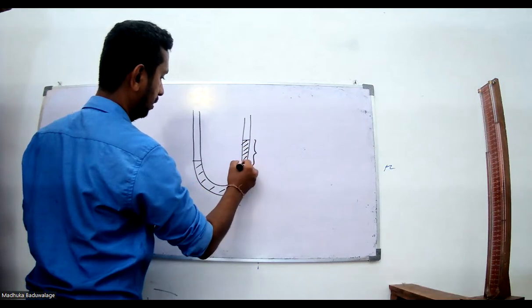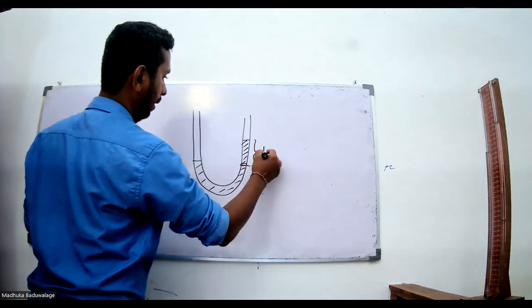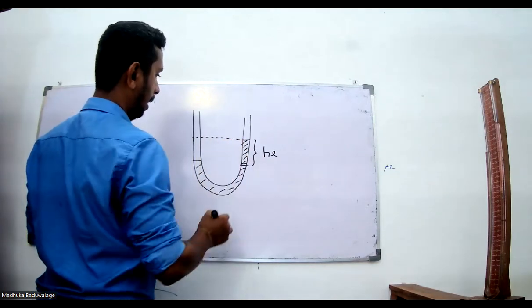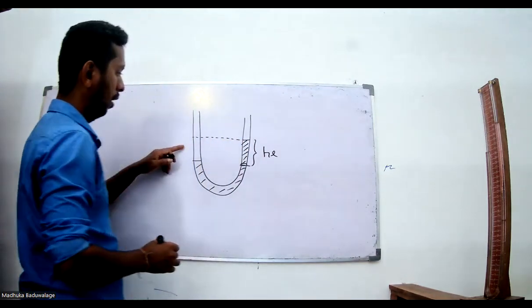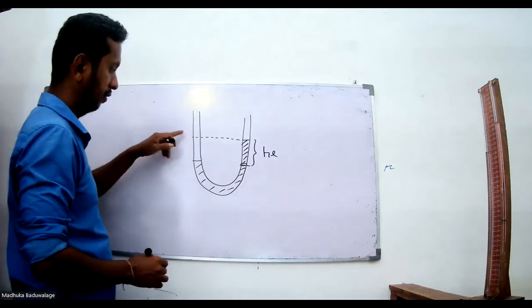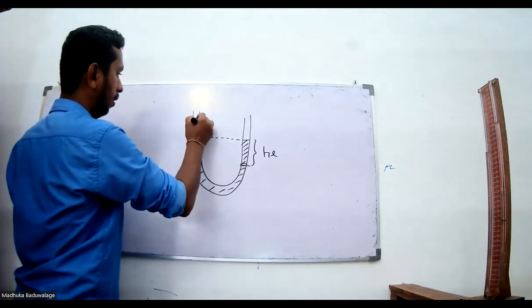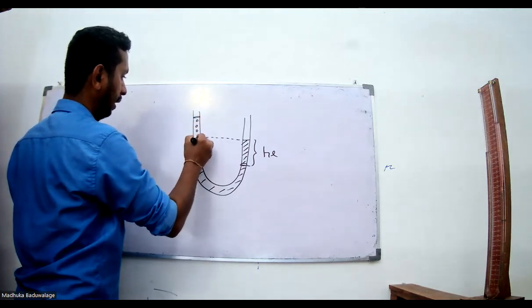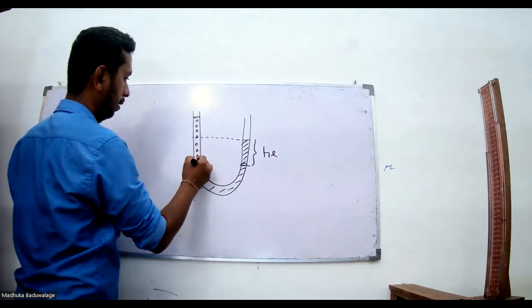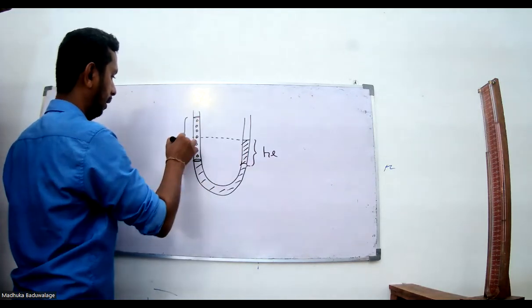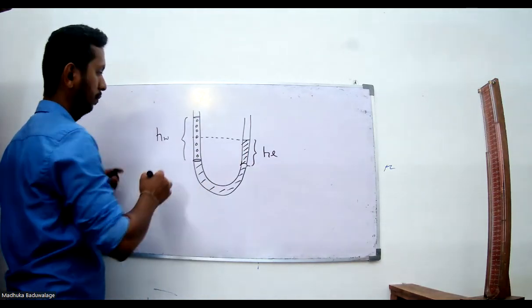I'm going to show this as HL. They have mentioned the density of the water is less than the density of the liquid. Therefore, the height of the water column should be significantly higher. This is the common interface. So this is HW.